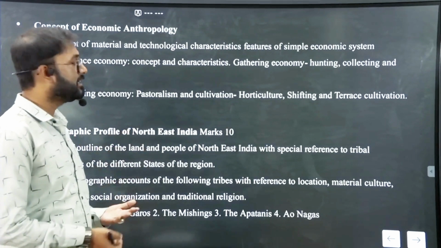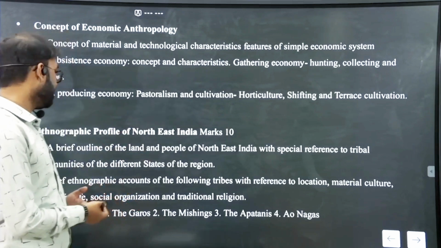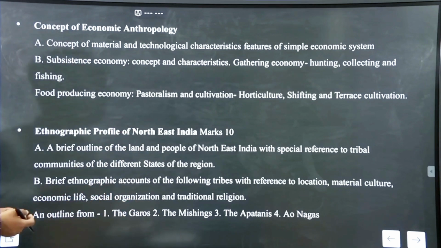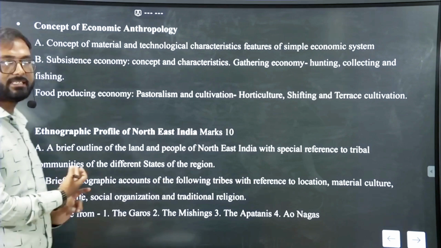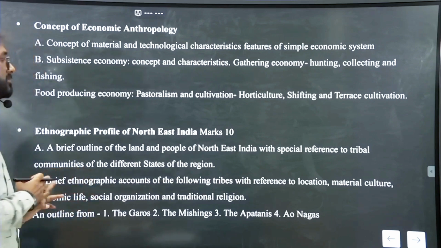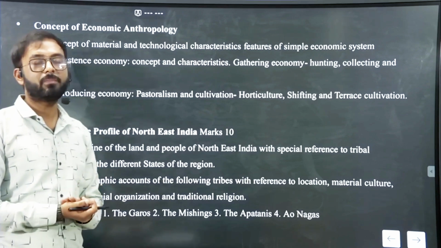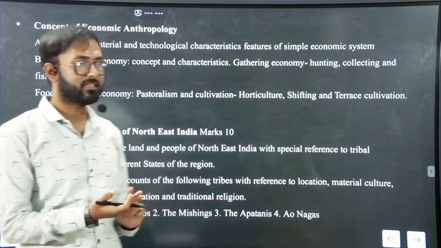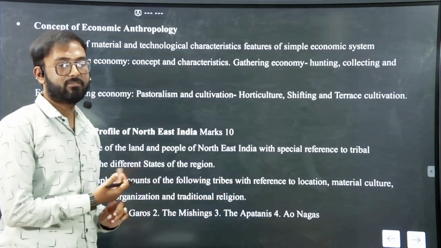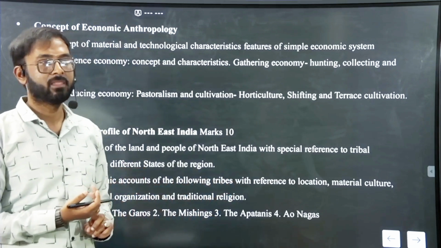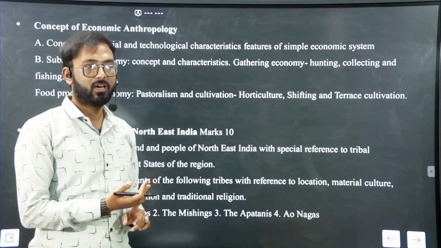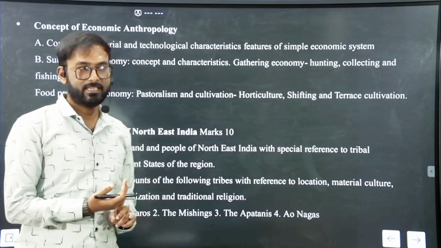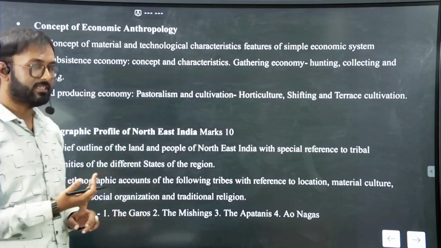Ethnographic profile basically means the lifestyle pattern of the people of Northeast India. Northeast India is a vast area and there are so many tribal peoples living together. There are different areas, for example, Meghalaya. In Meghalaya, we have 3 different tribes, that is Garo, Khasi and Jaintia.